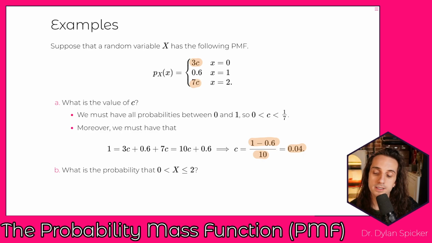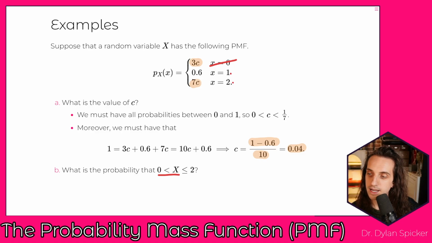Now, what is the probability that 0 is less than x, which is less than or equal to 2? If we think about this event, for x to be greater than 0, we can cross out 0 here, so we want it to be either 1 or 2.